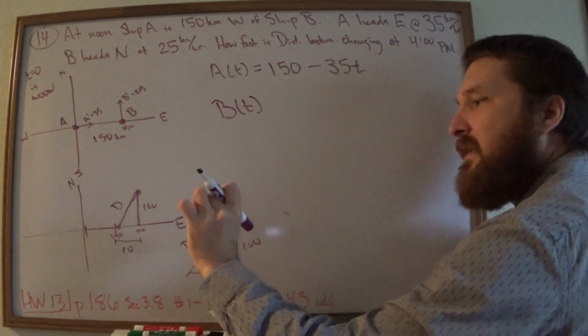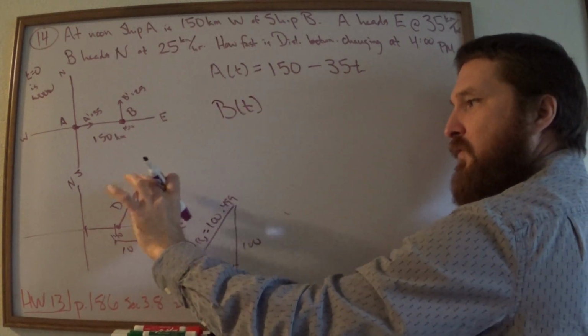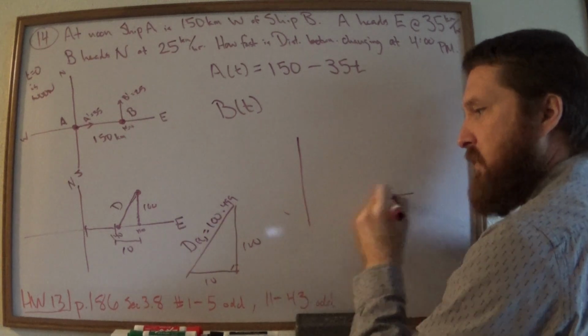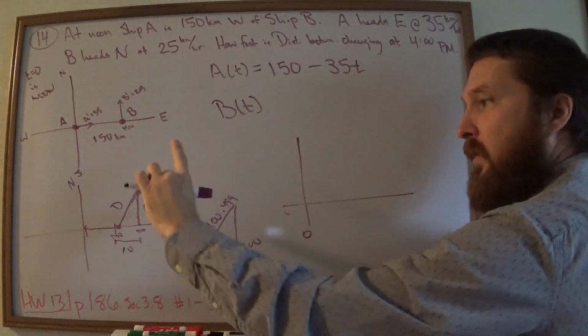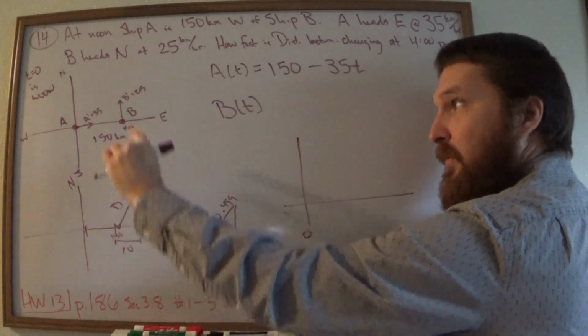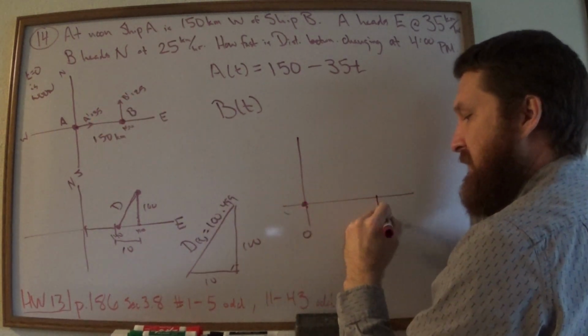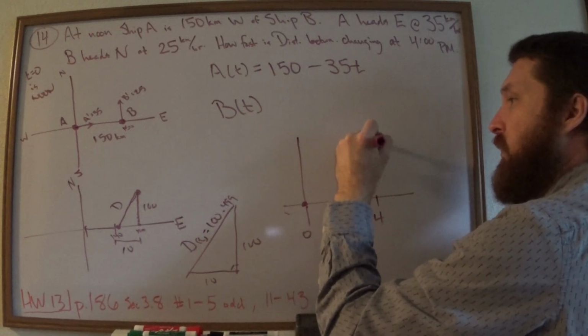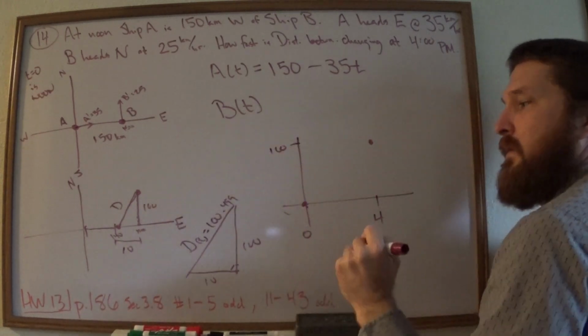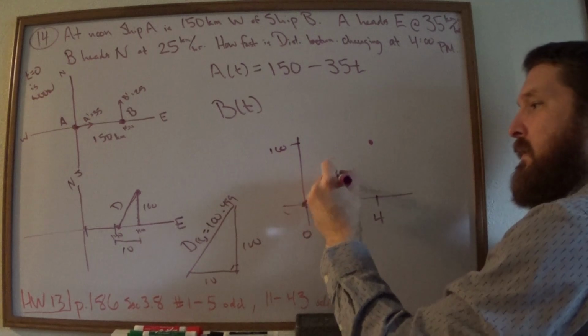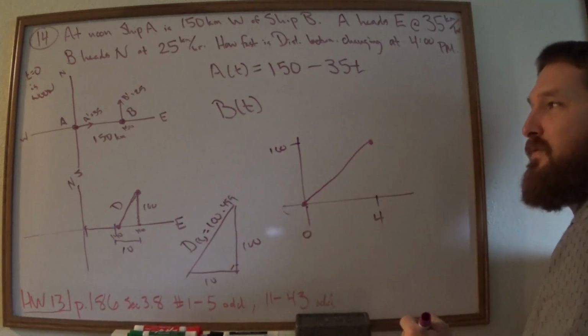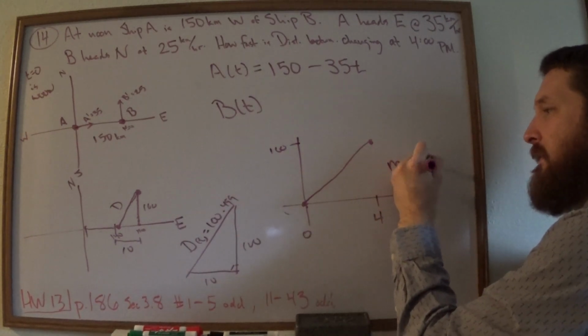We could say this length starts at 0 and moves to 100, right? So when time is equal to 0, this length is 0 because he starts here. And then when time is equal to 4, he's up here at 100. 100 over 4 is 25. Positive, so it has a slope of positive 25. M is 25.